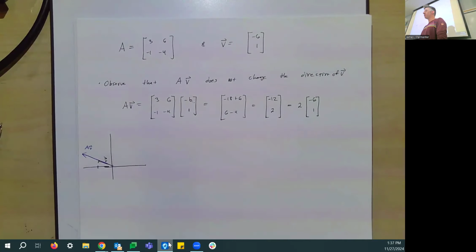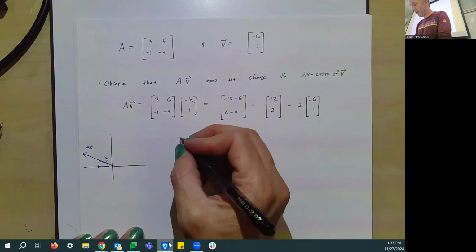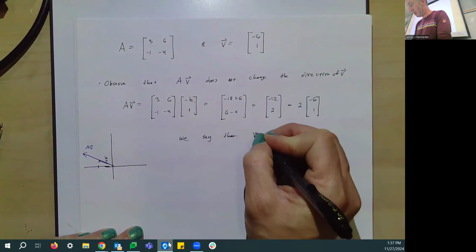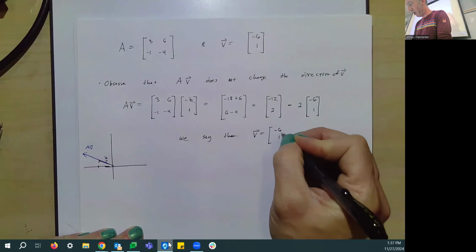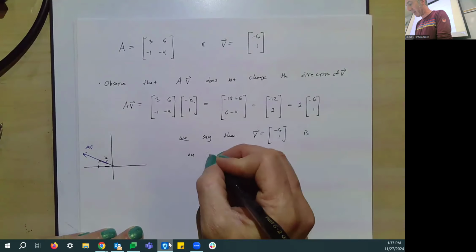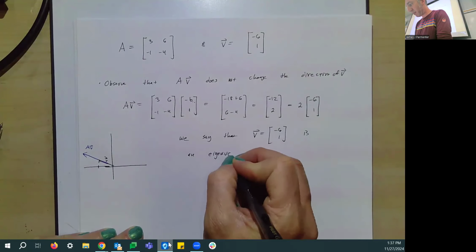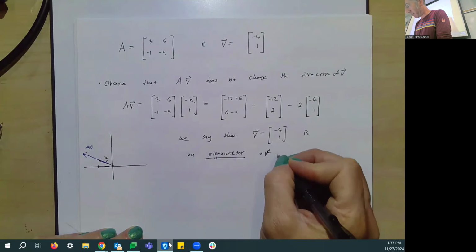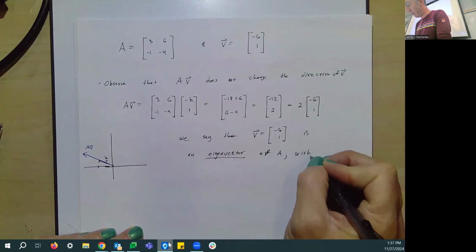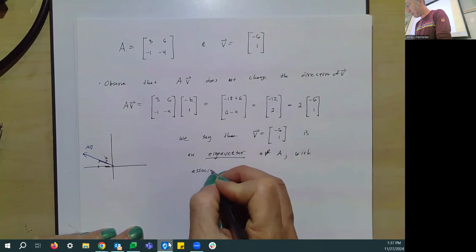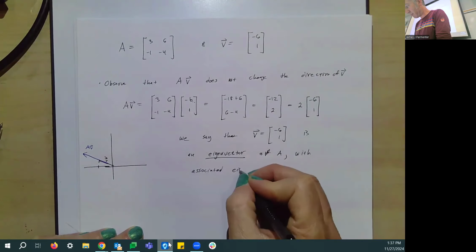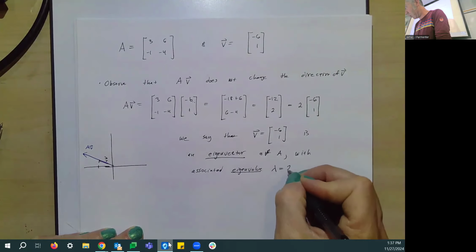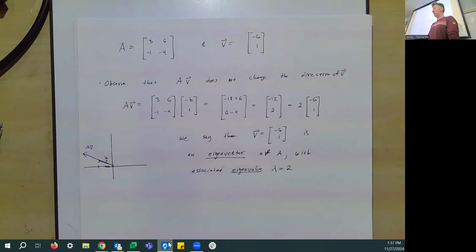So some language here. For this matrix A, we say that V equal to negative 6, 1 is an eigenvector of A with associated eigenvalue lambda equal to 2, where the eigenvalue is just the scaling factor.